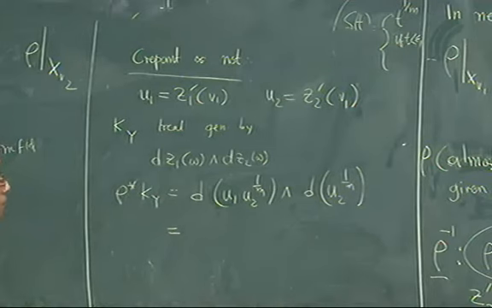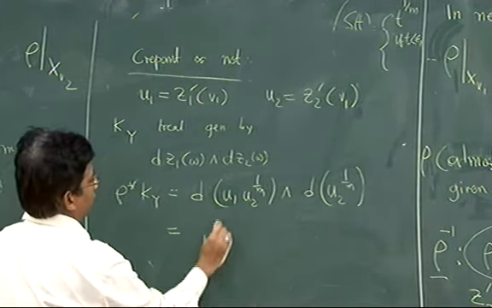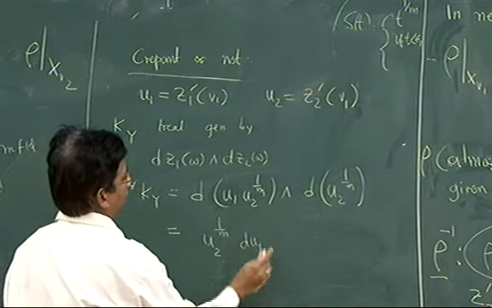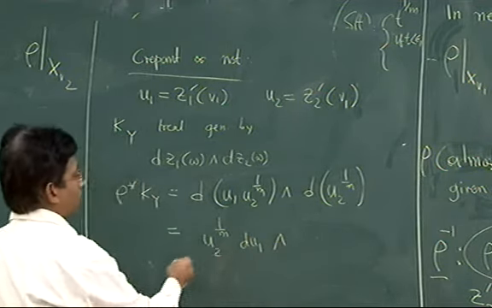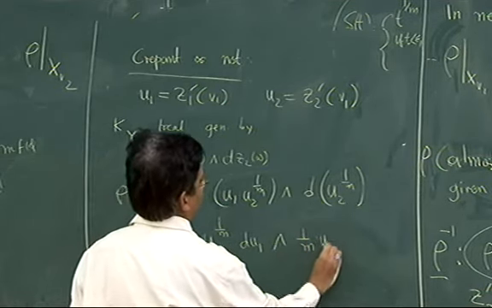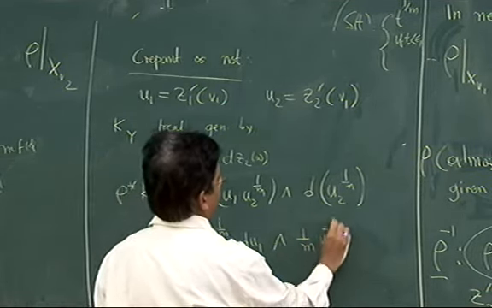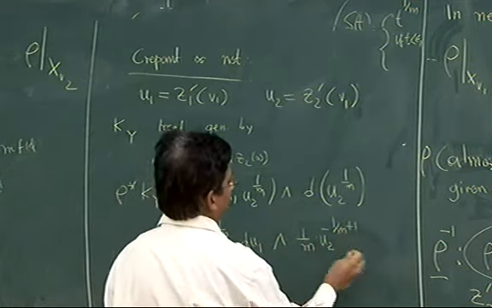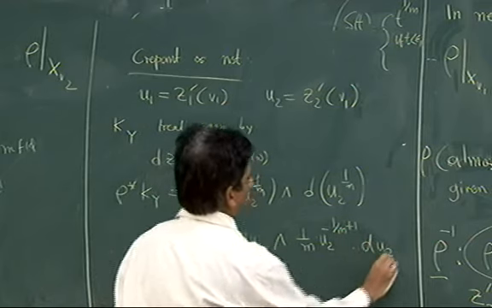So this is U1, U2 to the 1 over m du1 wedge 1 over m U2 to the negative 1 over m plus 1 du2.